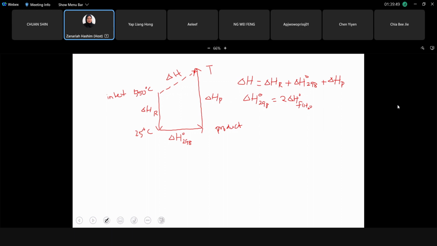And be careful, because water is present in both gas and liquid. In this case it's in gas, so you have to use the value for gas, because there is gas and liquid, so you have to be careful.